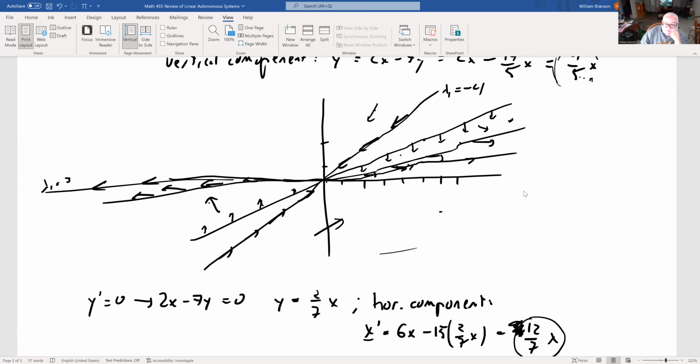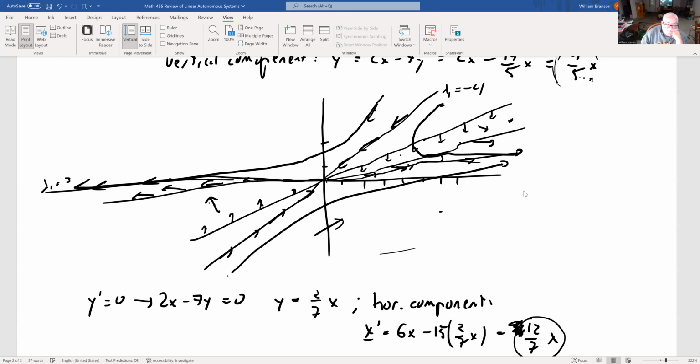So solution curves. If I started up here, I'm going to come cross this horizontally and head out. If I start up here, I'll come down and just head out along this thing. If I come up here, I will come up and now tangent along with this eigendirection.